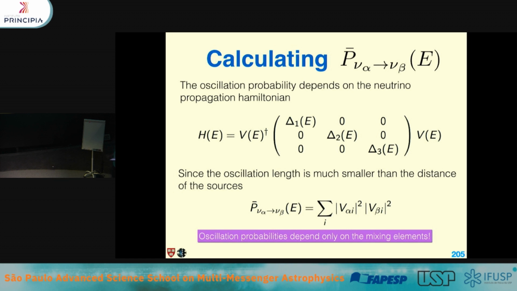As long as the oscillation length is smaller than the distance from the sources, the relationship for averaged-out oscillations still holds, which means that the oscillation probability is still given by this equation. But now, instead of the PMNS matrix elements, you have whatever actually diagonalizes your Hamiltonian. So that's how you get it in an arbitrary configuration.